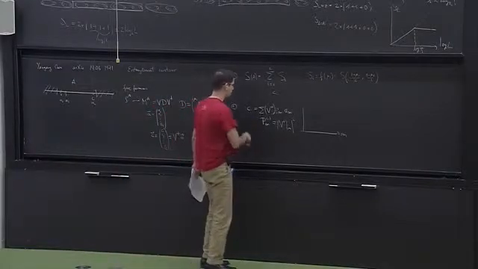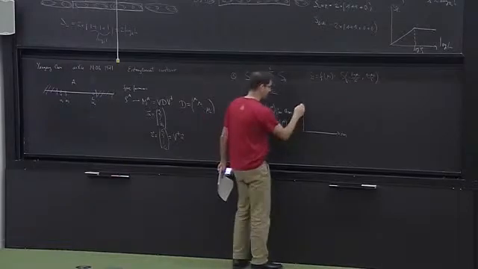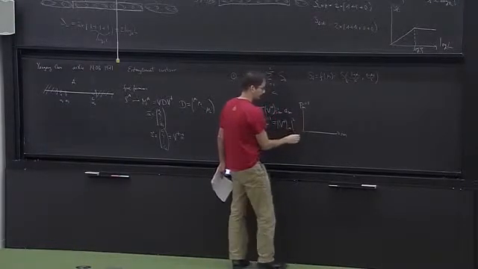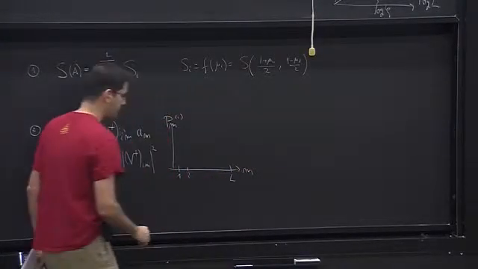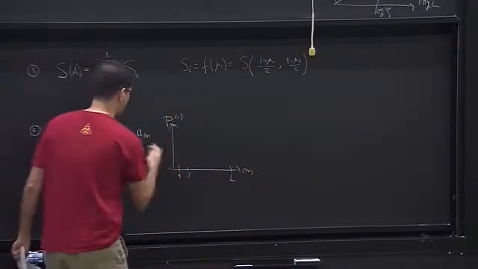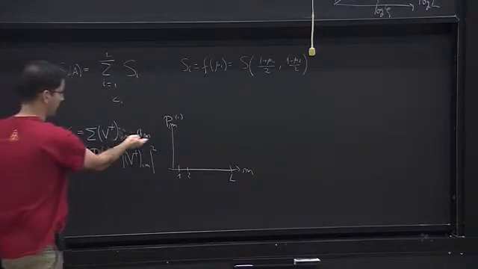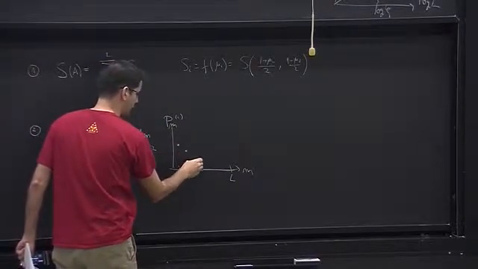And so what that means is that for each operator C_i, we get some profile in real space, okay? Site 1, site 2, site L. And so we look at where these operators live. So this operator can be expressed in real space operators, and the coefficients give us some profile.